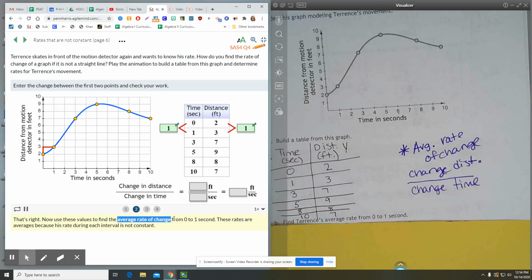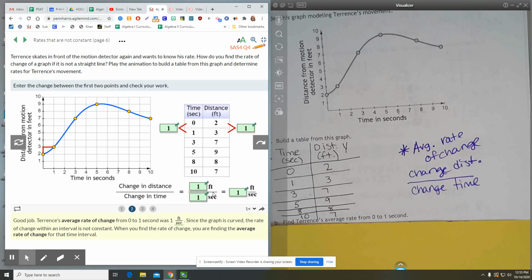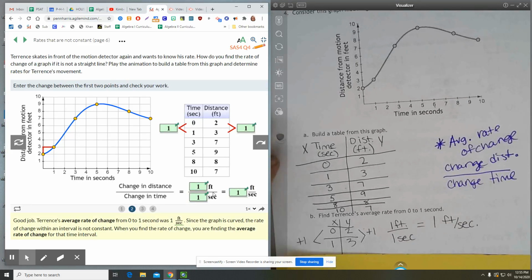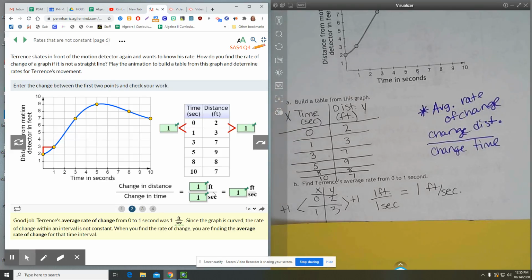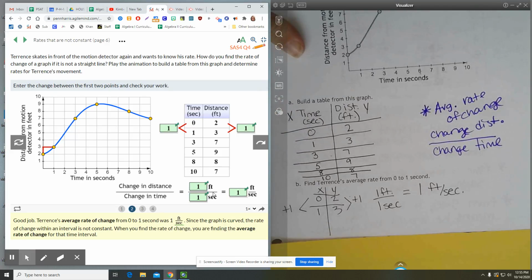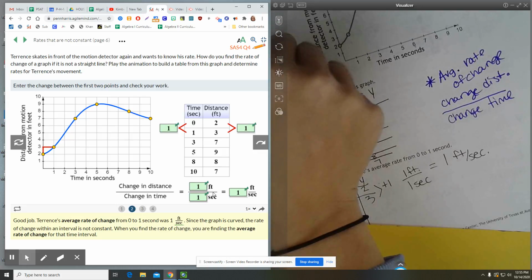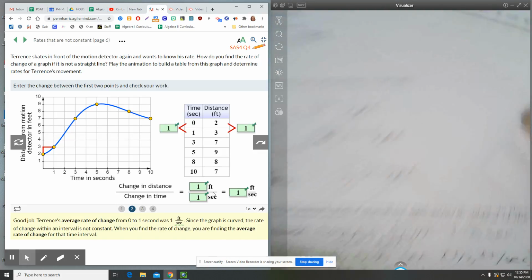Okay, so between that time, he goes 1 foot in 1 second. Well, 1 divided by 1 is just 1, meaning he travels at 1 foot per second during that time. And that's exactly what I have here down here on B. So let's flip our page and head to question C here.